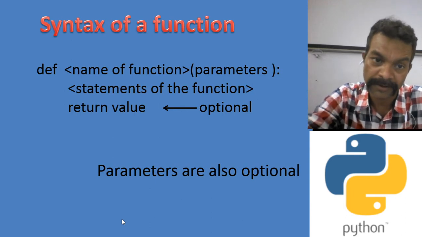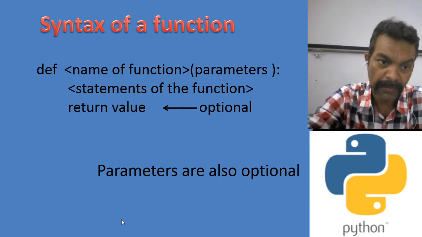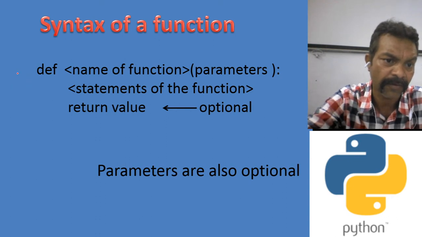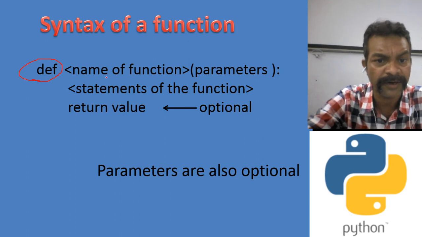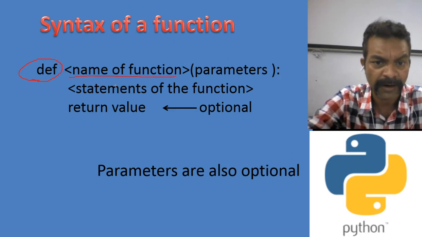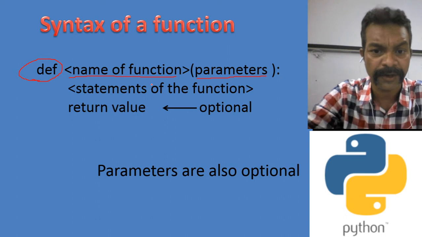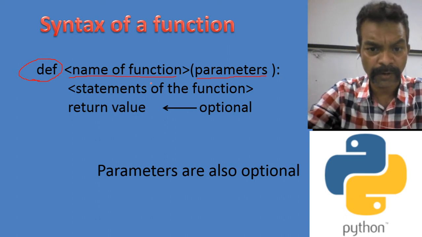Now we will see the syntax of a function. See here, first we will write the keyword def. Then the name of the function. The name of the function is written within less than and greater than symbols. It means it depends on the user what name the user gives to the function. Here parameters within the brackets we have to write, but it is also optional. Sometimes we give, sometimes we do not give.